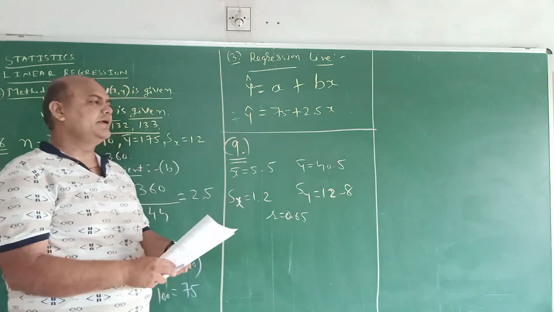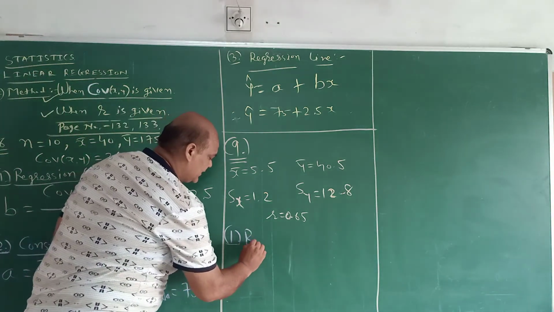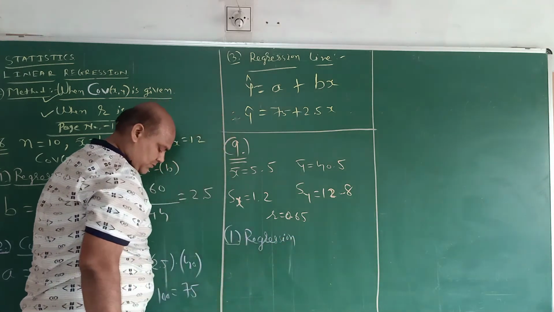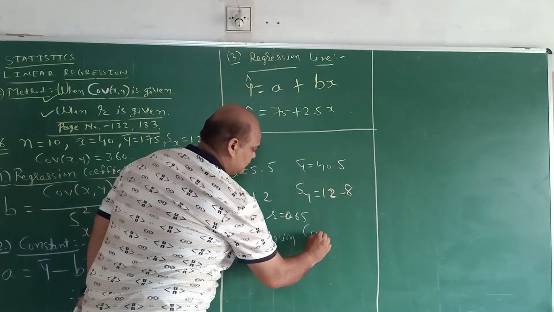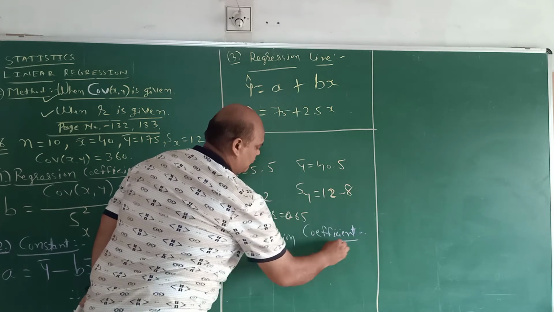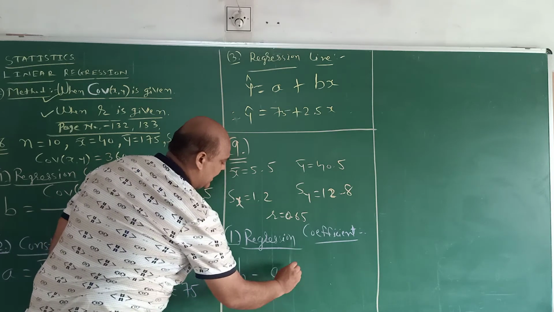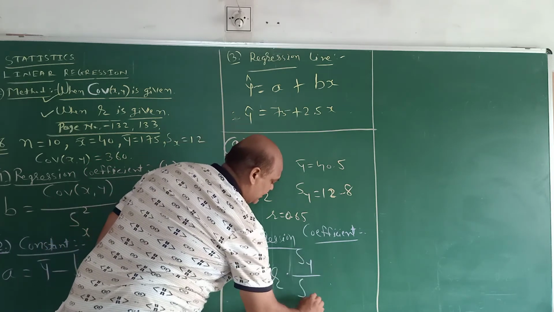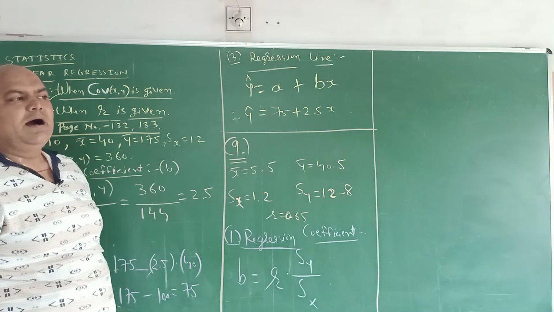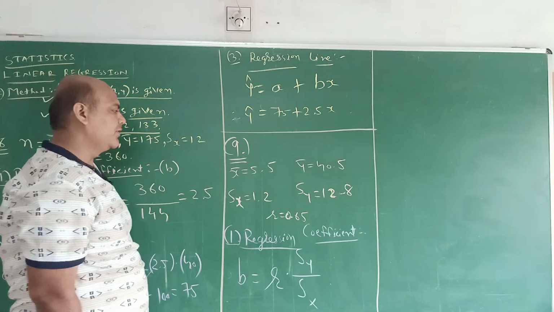Our first step is regression coefficient, that is B. Formula of B is R into Sy upon Sx. R, that is correlation coefficient, into Sy upon Sx.